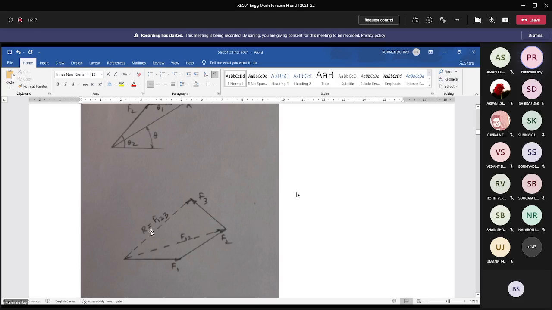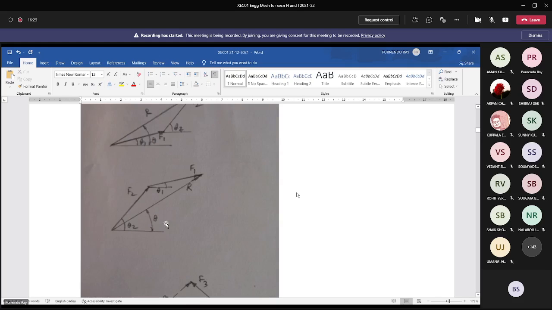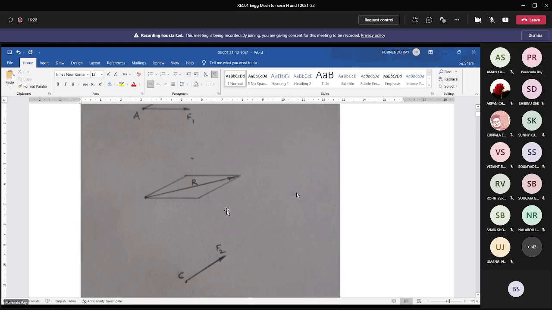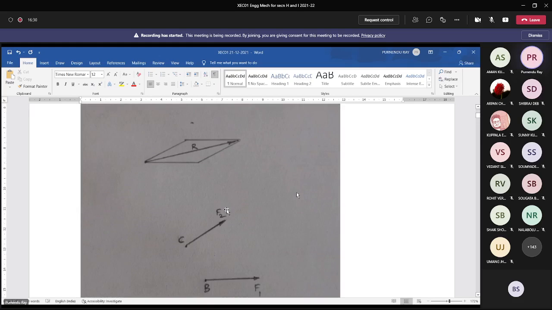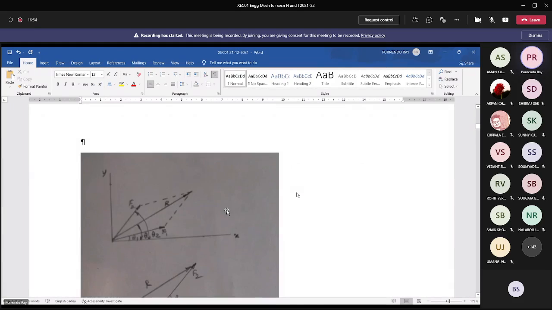Not necessarily do we need to follow this type of nomenclature. So this is the composition of forces: coplanar concurrent forces, coplanar but non-concurrent forces, determination of the resultant magnitude, direction, and its position.